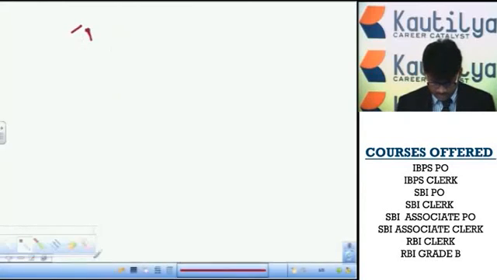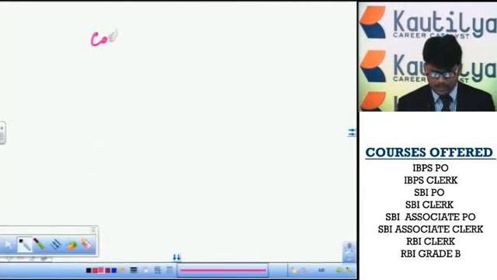Next, the second model is coding blood relation.